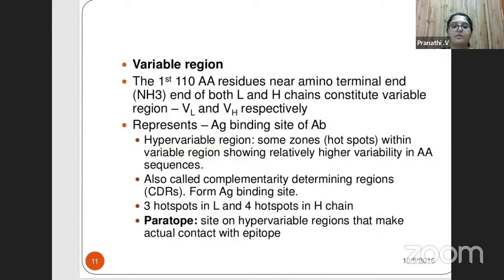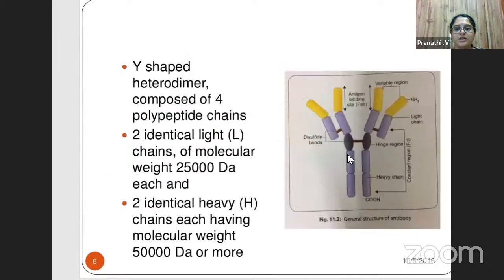And you also have a complementarity determining region, known as the CDR region, so that it is going to go and attach itself to the antigen binding site. So you have around 3 hotspots in the light and 4 hotspots in the heavy chain region also. So they are usually present over here. You will find a complementarity determining region over here.